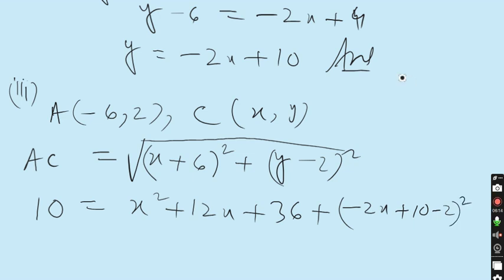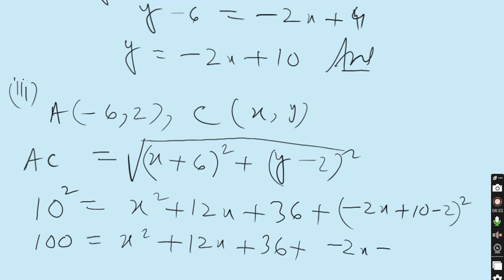Take the square on both sides, so square and root cancel, and this is 10 square. 10 square is 100. Hope you understand. x square + 12x + 36 plus (-2x + 10 - 2, which is positive 8) whole square.